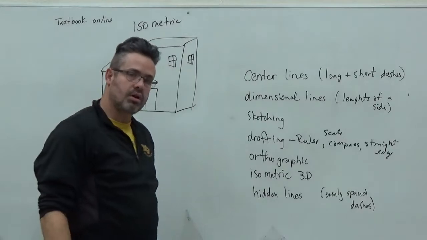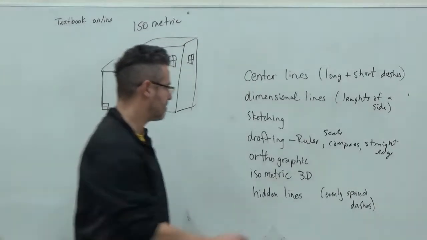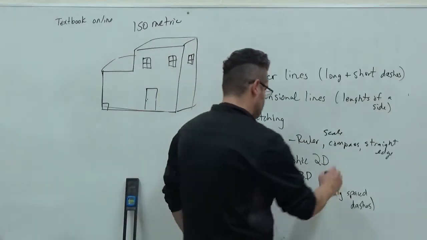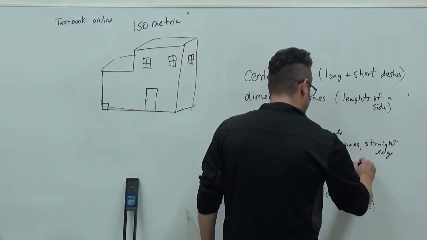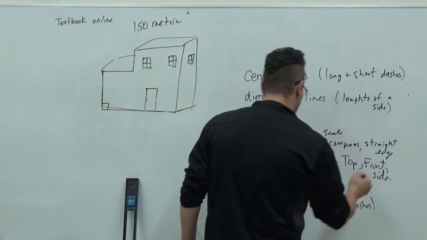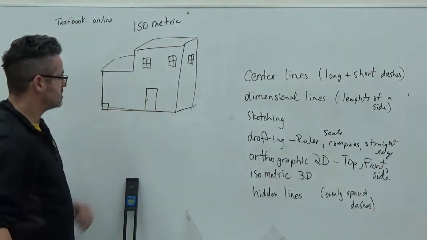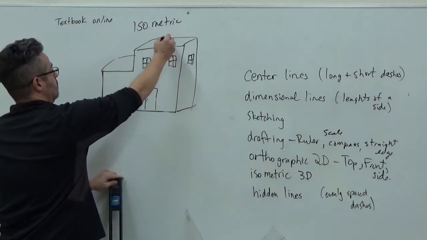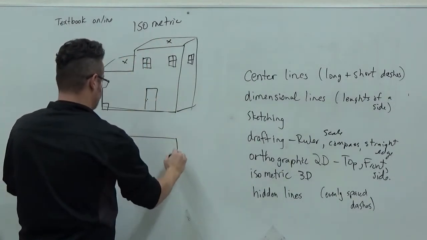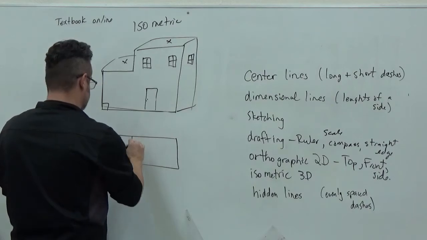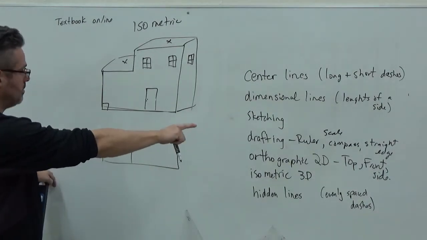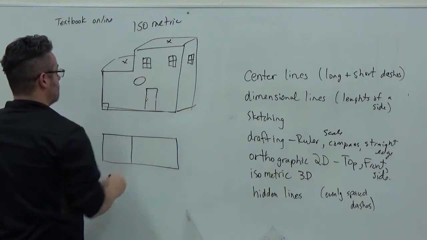Well, what's an orthographic? Orthographic is actually 2D, but there's 3 pictures: top, front, and side. So what does this thing look like from the top? From the top, I can just see these 2 things. So it's going to look like this. There's the top. What does it look like from the front? So here's the front.